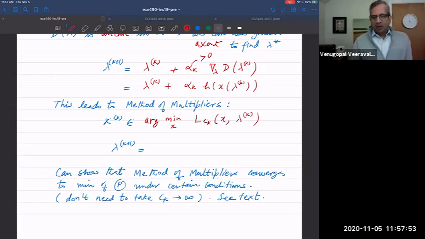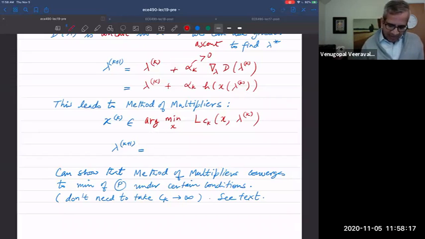So at time k, you have lambda from a previous iterate. I'll call that lambda k. Okay, and you look at the augmented Lagrangian with lambda k and some choice for ck at time k. Again, you will take an increasing sequence of ck's.